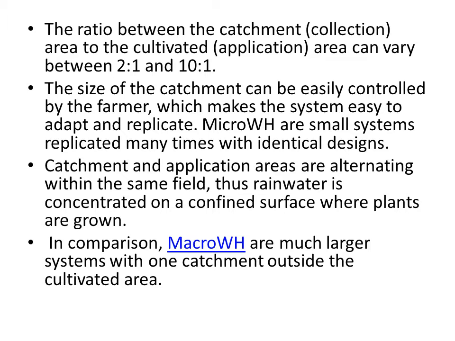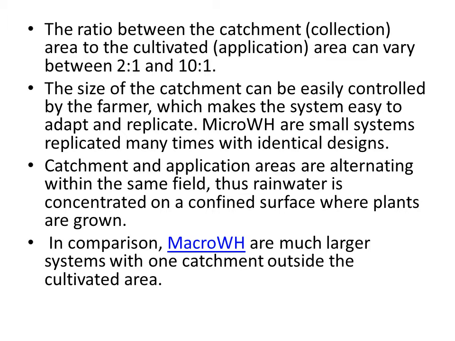The size of the catchment can be easily controlled by the farmer, which makes the system easy to adopt and replicate. Since farmers can decide the catchment area from which they collect the runoff, they can develop and replicate such schemes.